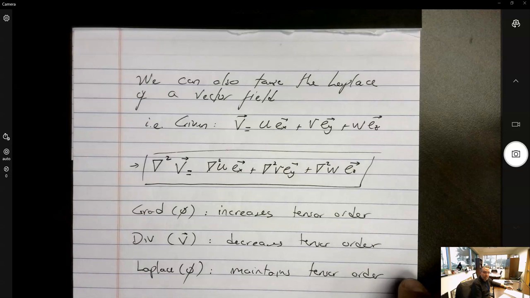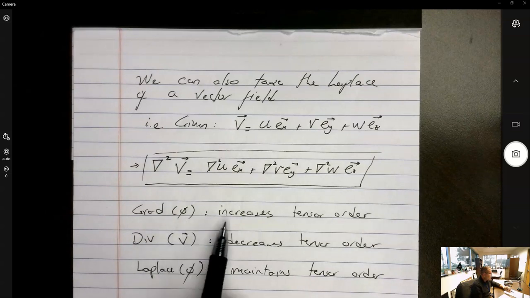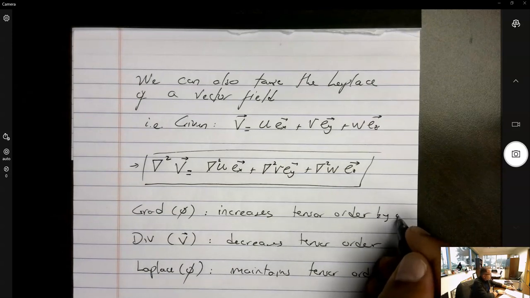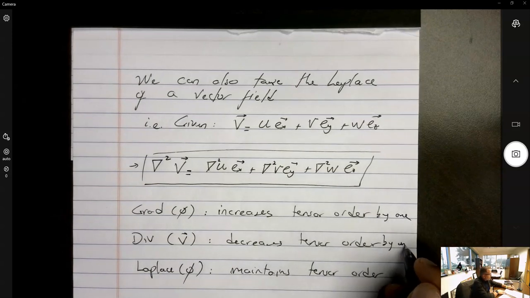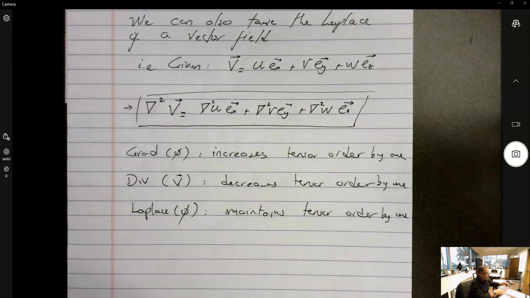Okay? In that regard, if you take, for example, the gradient of a vector field, you could do that, but you end up with a tensor of order 2, a full tensor. If you take the divergence of a tensor, you end up with a vector because you reduce the tensor order by 1. But what's important is that the gradient, the divergence, and the Laplace are not the same thing.